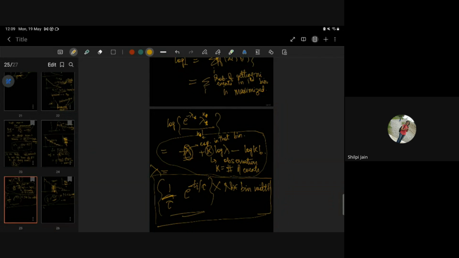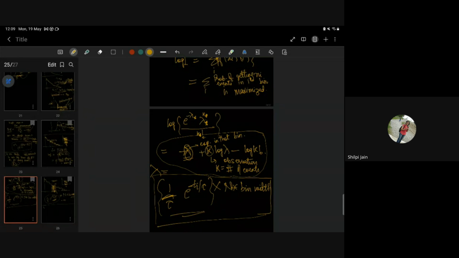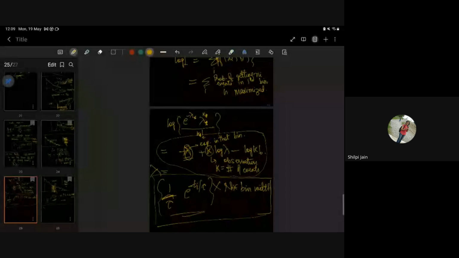So then can you see what kind of fitted parameter you get, and also the uncertainty on that? What error is coming? What error do you see?